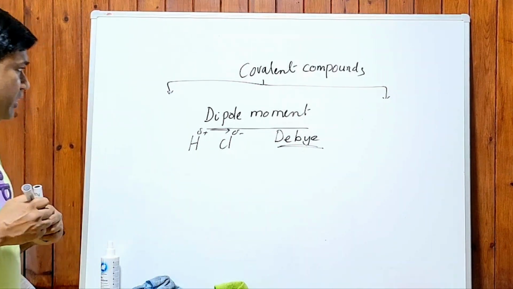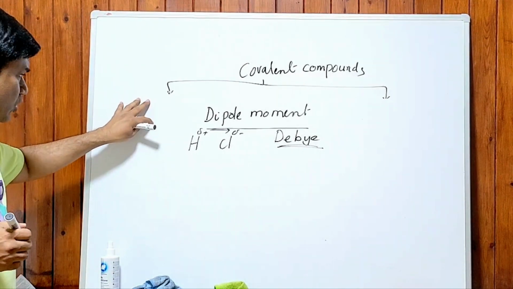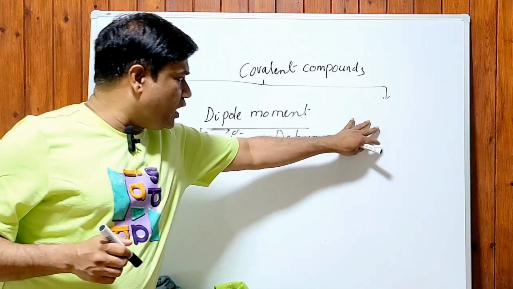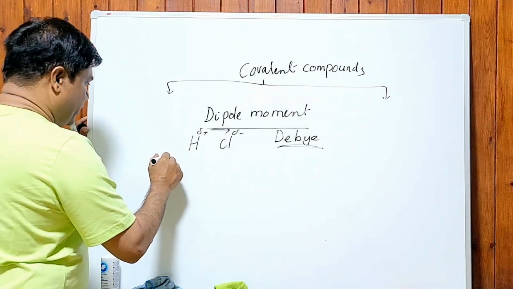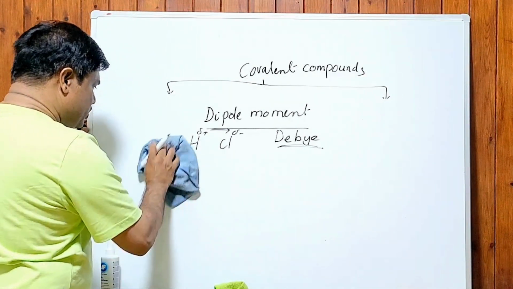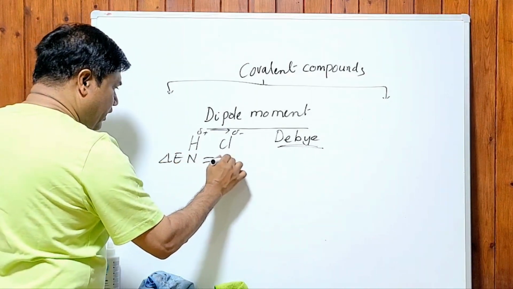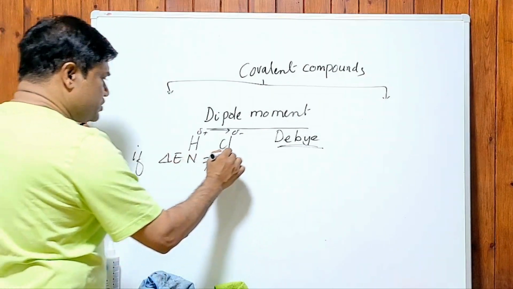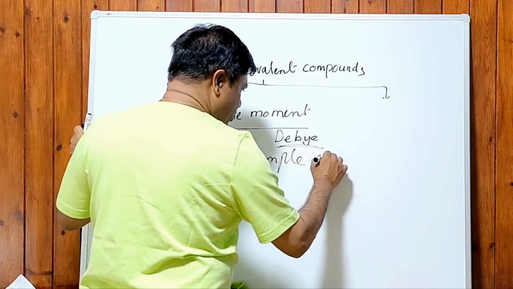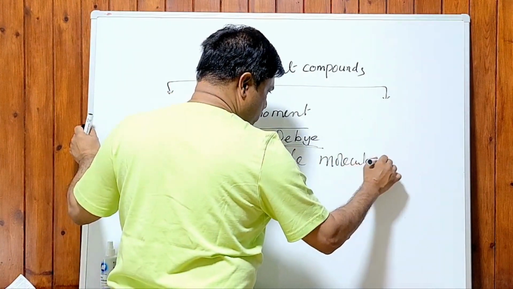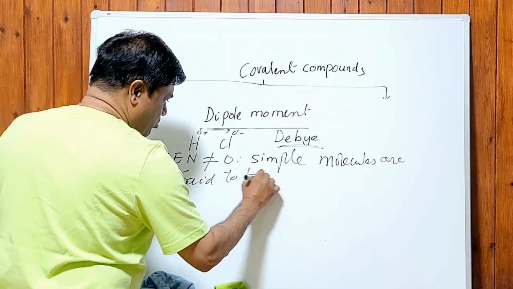Now, I told you how we can check whether a molecule or compound is polar or non-polar. The first condition is the difference of electronegativity. If the electronegativity values differ, that is, the difference is not equal to 0, the molecules are said to be polar.